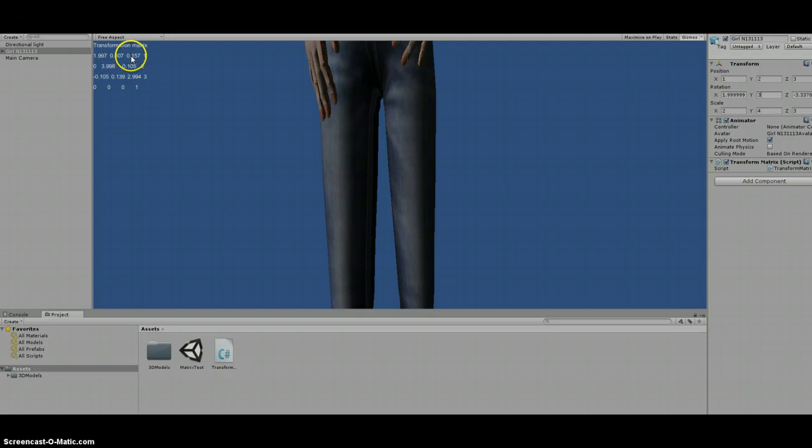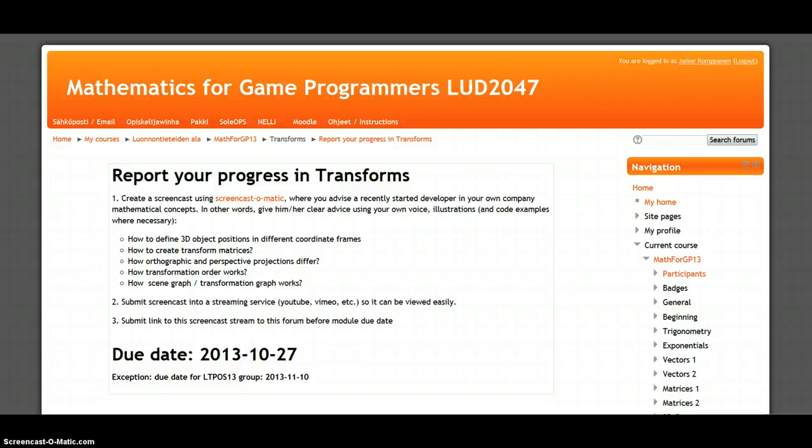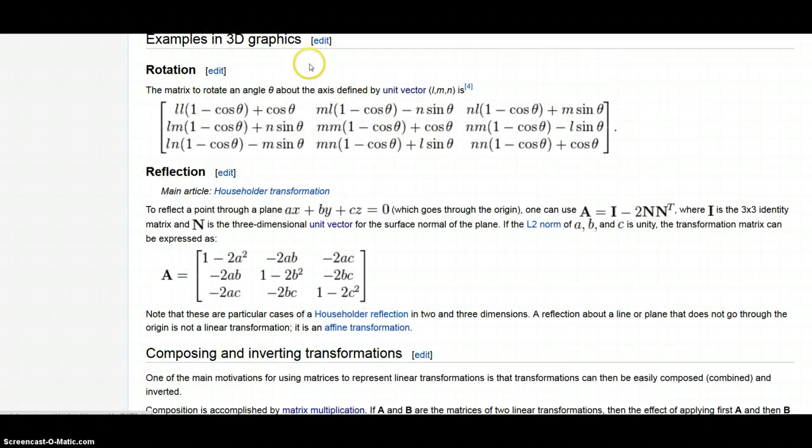And these can be calculated by hand also. There are some formulas, like on Wikipedia. There's the formula for calculating rotation, where you need these cosines and sines.